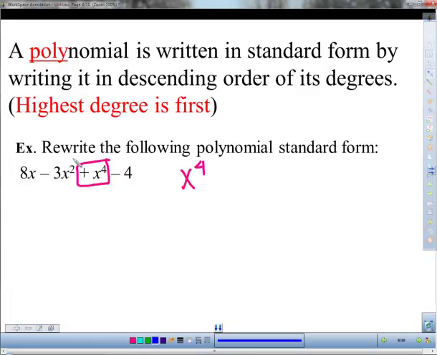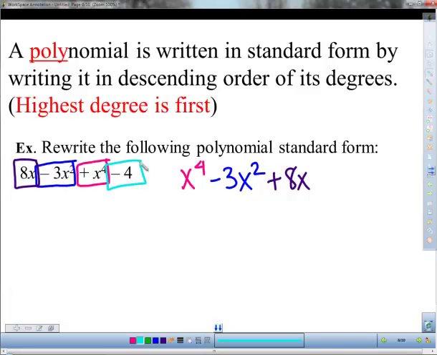And then the next one would be this negative 3x squared, followed by 8x, and that's a positive 8x, and then this negative 4. So this would be how to rewrite it in standard form.